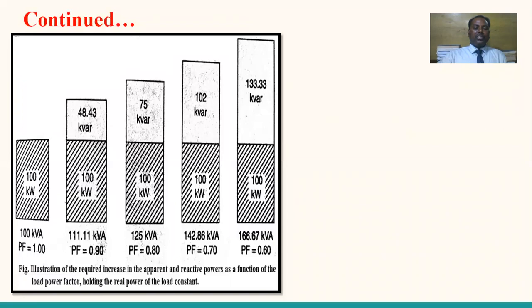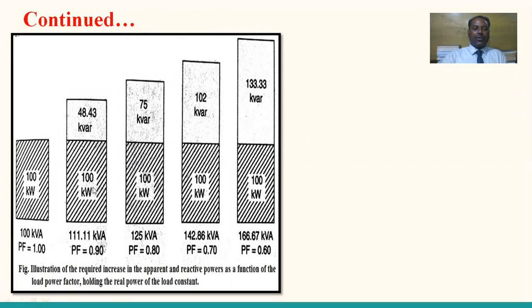cos phi is equal to P by S, so S is equal to P by cos phi.